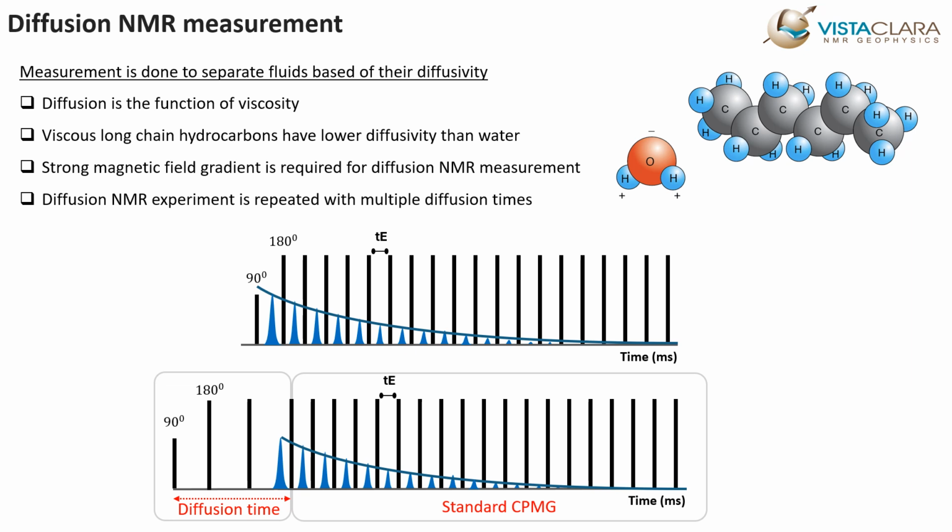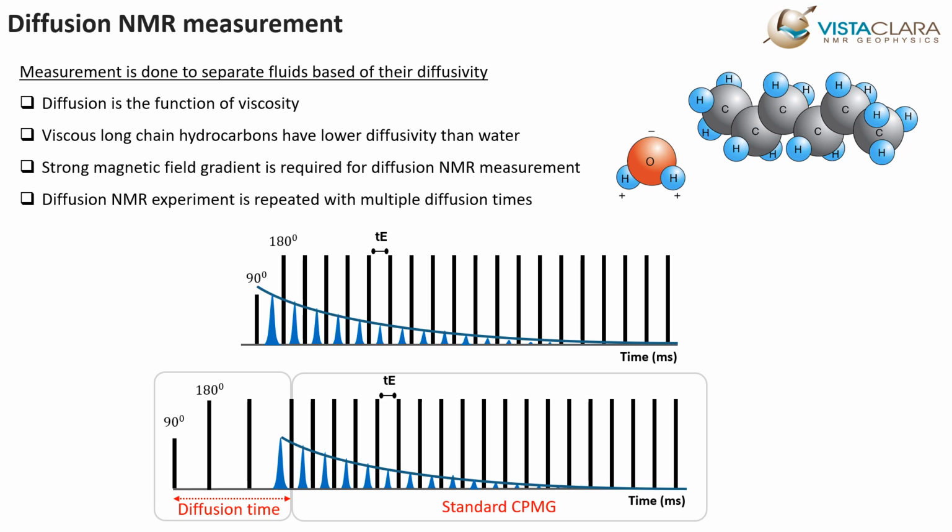So by conducting that experiment, we can differentiate between these different fluid types, and the measurement can be conducted only in the presence of a strong magnetic field, and all NMR borehole logging tools do have a strong magnetic field, because we don't have a uniform magnetic field in these probes, we use permanent magnets.